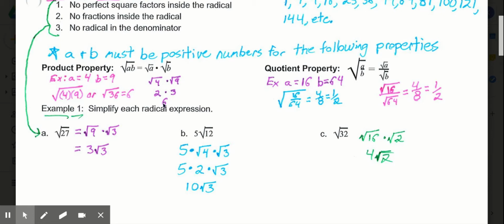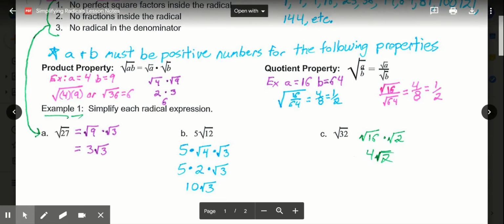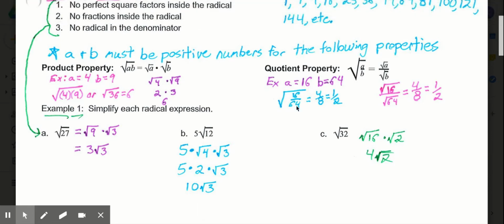The quotient property says if we have a fraction inside of a radical, we can split the numerator and denominator and separate the radical. For example, the square root of 16 over 64, we could solve as normal, which would be 4 over 8, or 1/2.